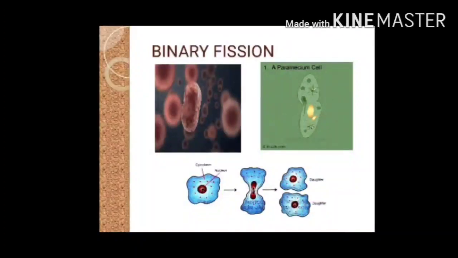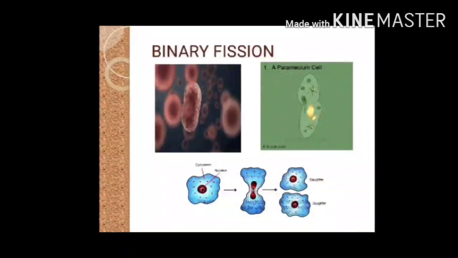And when the parent cell divides into many parts, it is known as multiple fission. Have you understood the difference? In binary fission, the parent cell divides into two daughter cells, and in multiple fission, the parent cell divides into many daughter cells.